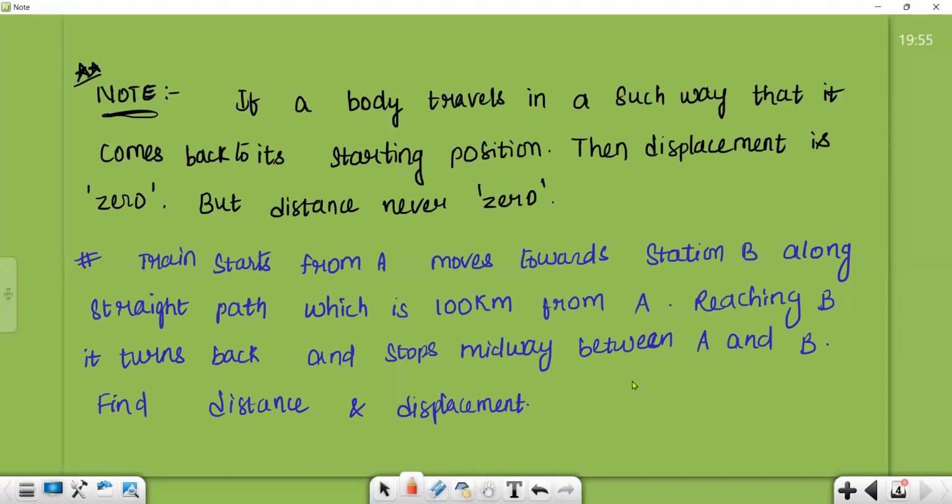Read the question properly, students. It stops midway between A and B. Initially it is at A, B is 100 kilometers away. It travels 50 kilometers back from B to C. So what is the displacement? 50 kilometers. Yes, very good.